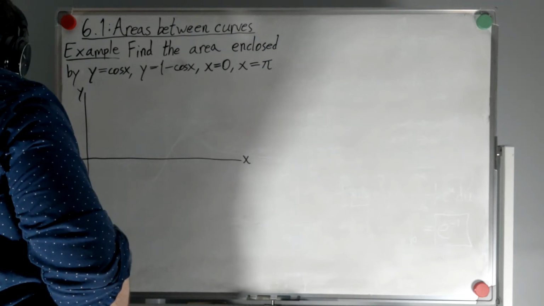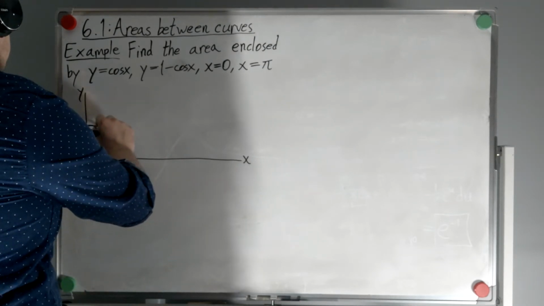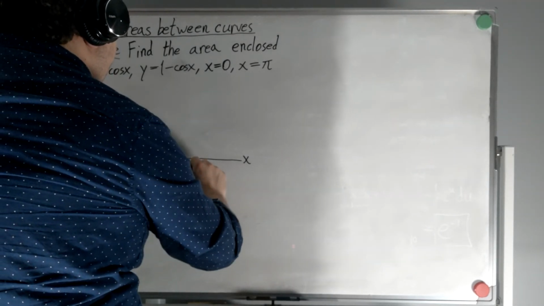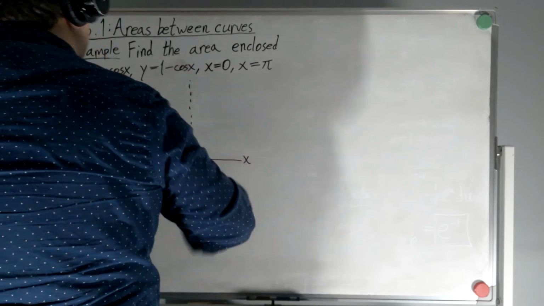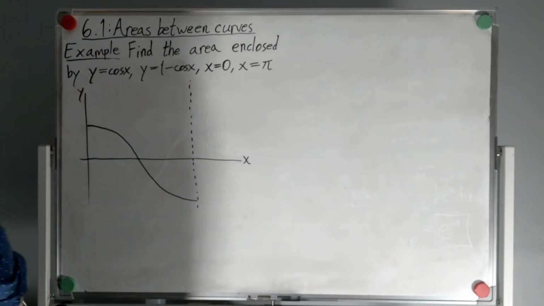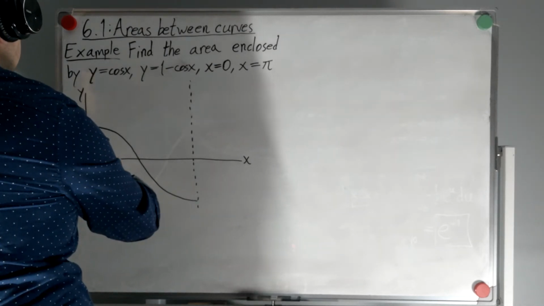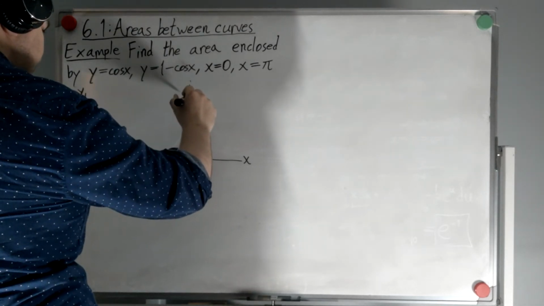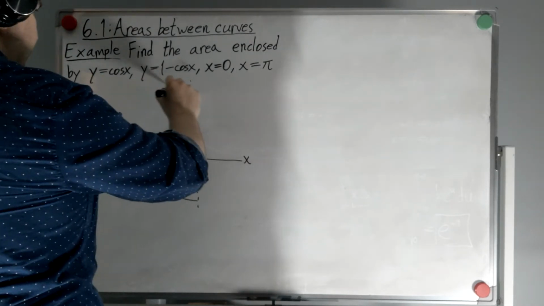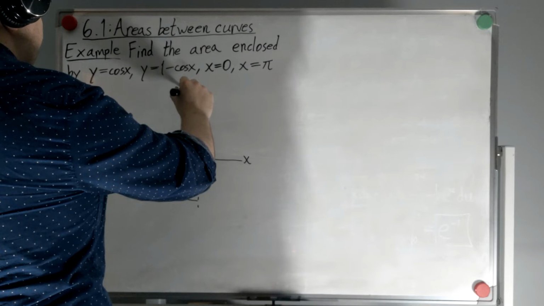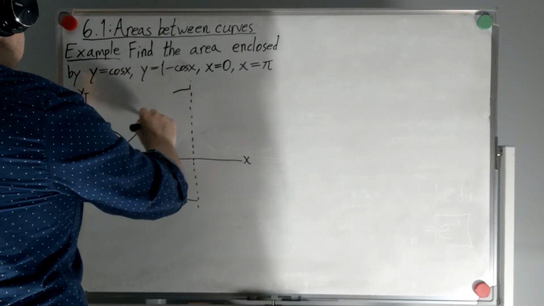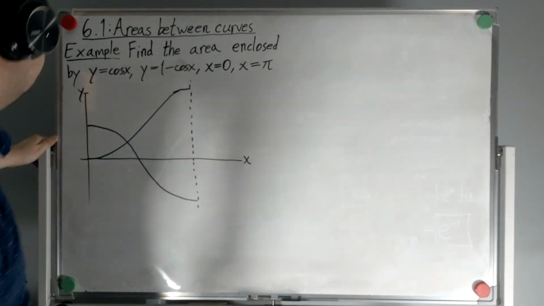Let's see, y equals cosine x from 0 to pi looks kind of like this. And then y equals 1 minus cosine x, that looks different. That one looks kind of like, here is 2, so then up like that.